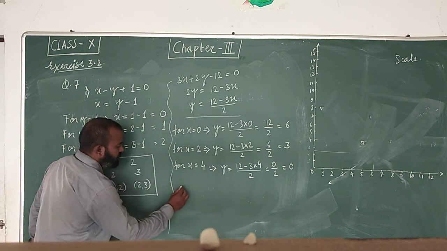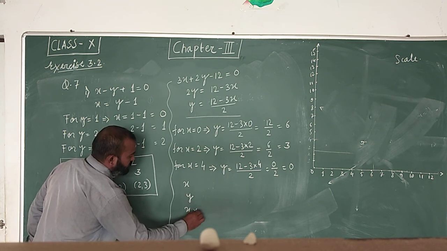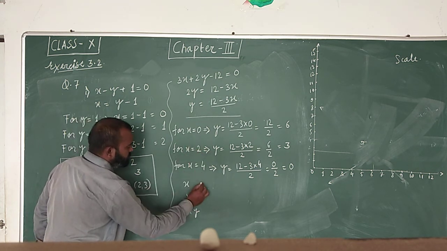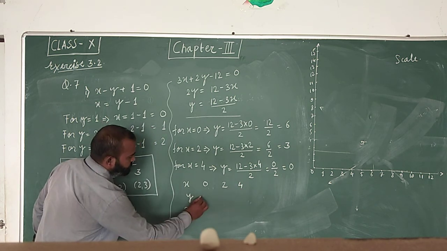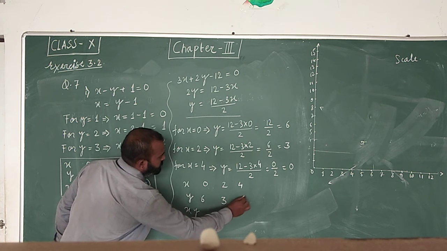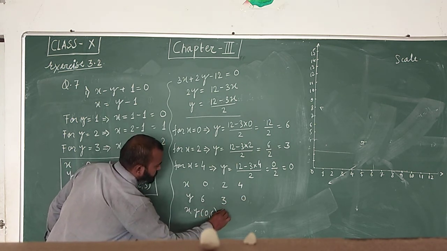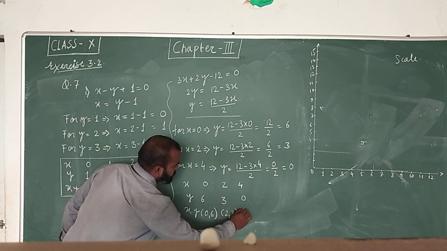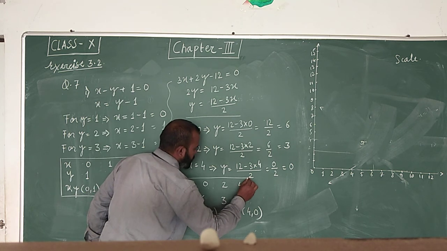So for this the table will be x, y, x comma y. The x values are 0, 2, 4; y values are 6, 3, 0. The coordinates are (0, 6), (2, 3) and (4, 0). So this is another table.